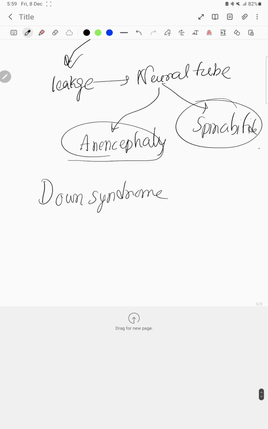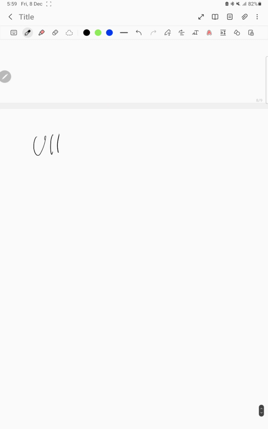Now let's talk about ultrasound. In ultrasound we use 2 to 18 megahertz of frequency. It receives the echo or reflected sound waves and generates an image. Why is it important?